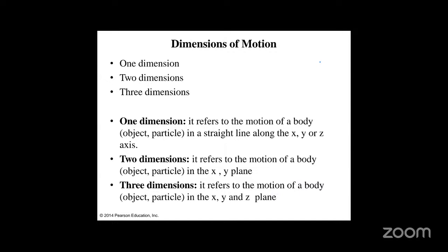Now, the three-dimensional motions. Three-dimensional motion is referred to as the motion of a body, object, or particle in the x, y, and z plane. So this kind of motion is defined by the three components, the three axes at the same time, not separately. An example is a particle in space. Let's say a dust particle in the sky, or a bird flying in the sky.